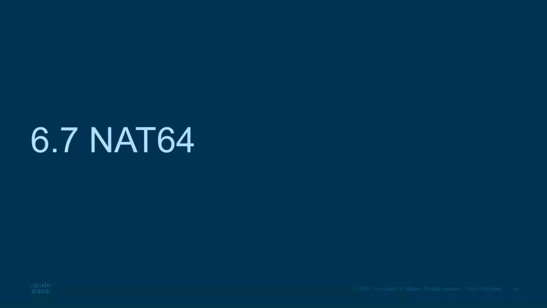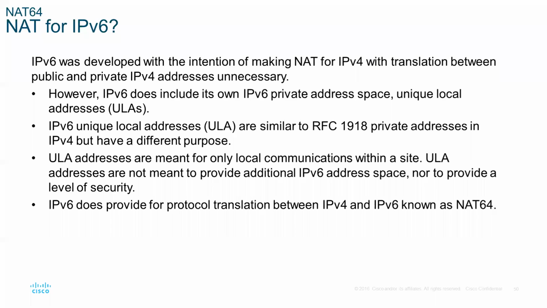Next section is NAT64. As I said, IPv6 was developed basically making NAT obsolete. So everyone is given a unique local address that can be used within the site, and they are basically only for use within the site.